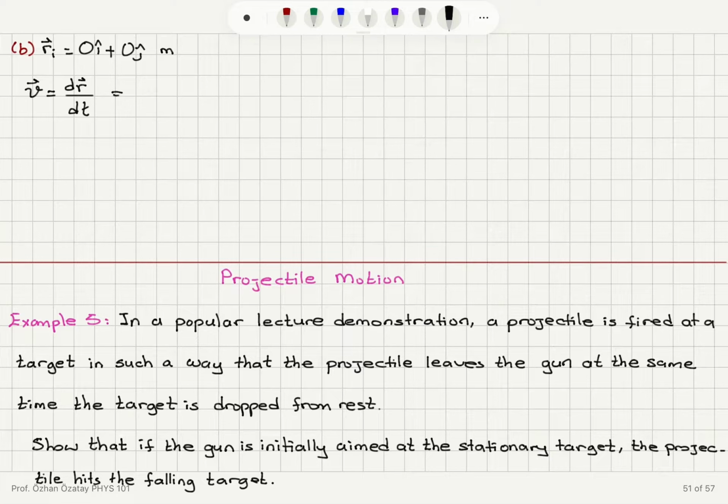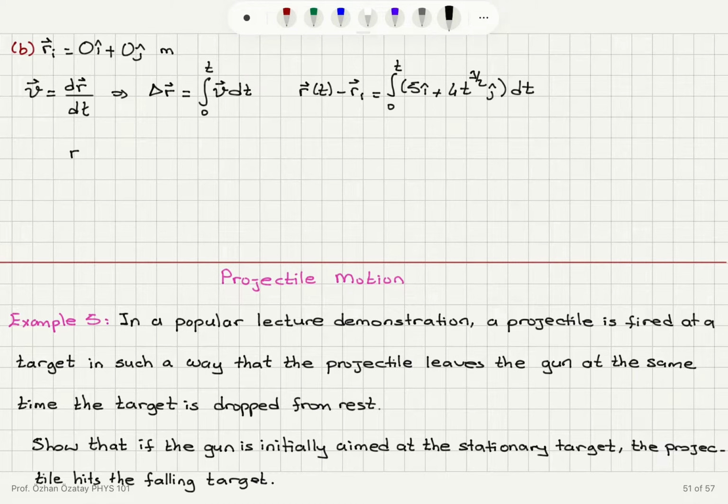So we see that the displacement delta r is the integral from 0 to t of v dt, and delta r is r at time t minus r initial. This is the integral from 0 to t of 5 i hat plus 4 t to the power 3/2 j hat dt.